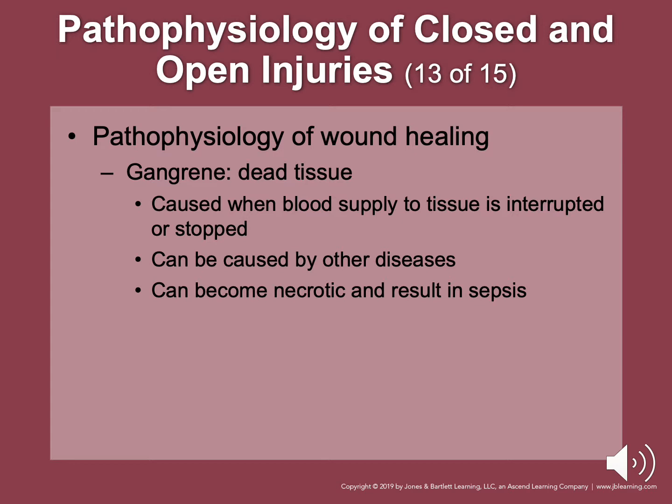Diabetes and atherosclerotic peripheral vascular disease may cause some dead tissue. Also on the medical side, it may be caused by traumatic injuries, and it may have a bad color. Late signs are discoloration of the limb to black, blue, or red. If not treated, it may become necrotic, resulting in sepsis itself. And a lot of times, these limbs or dead tissue have to be removed or amputated.